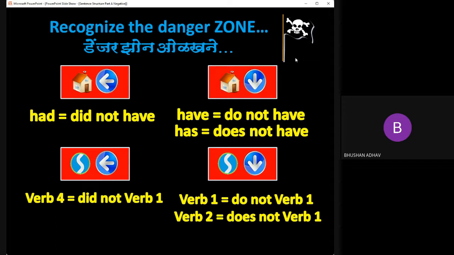Now, to make it understood in the easiest way, let's take practical sentences. I hope that you have the structure workbook, affirmative and negative, with you right now.